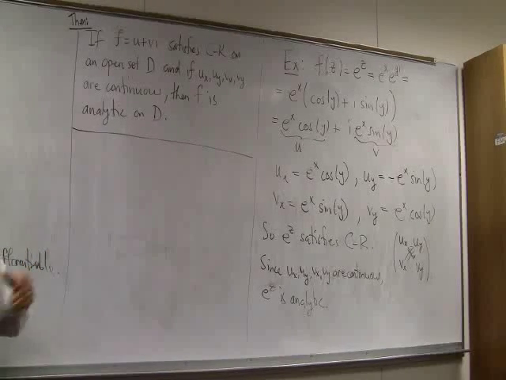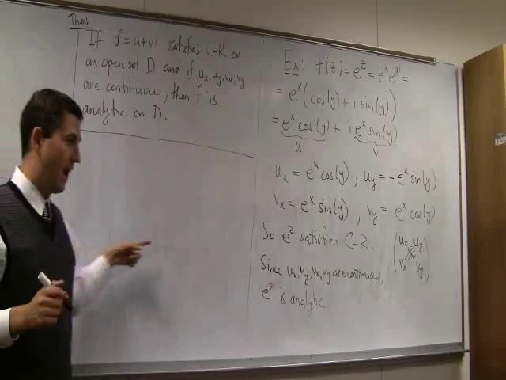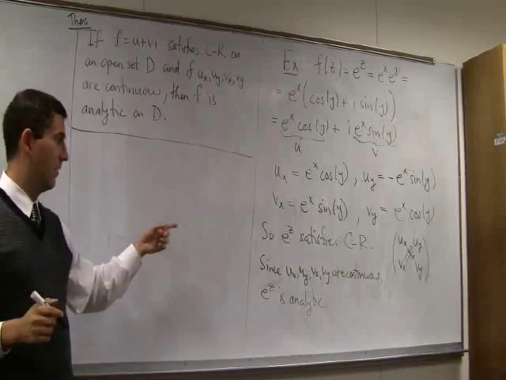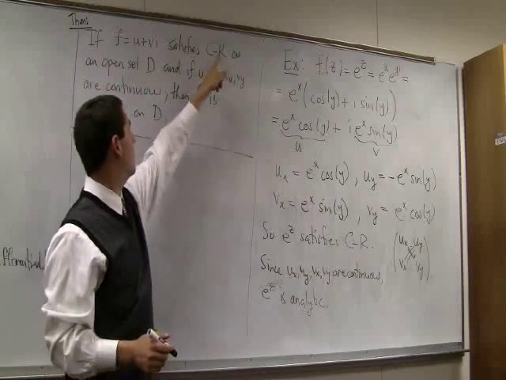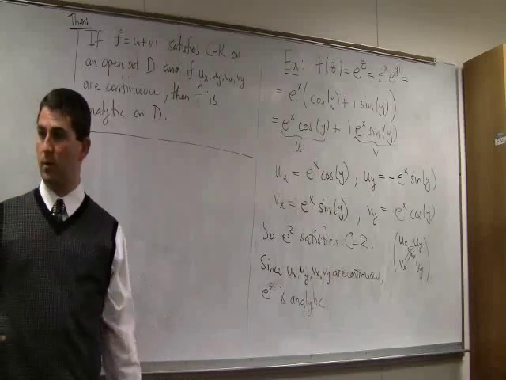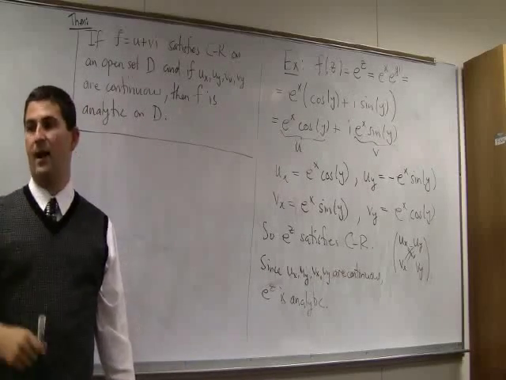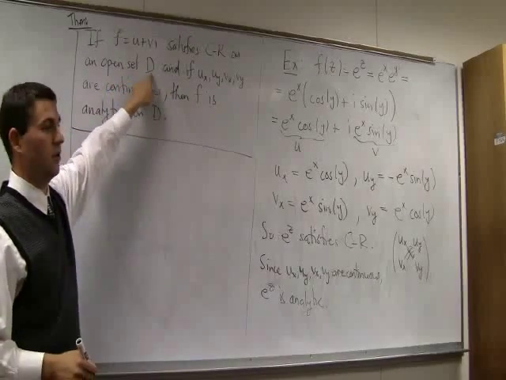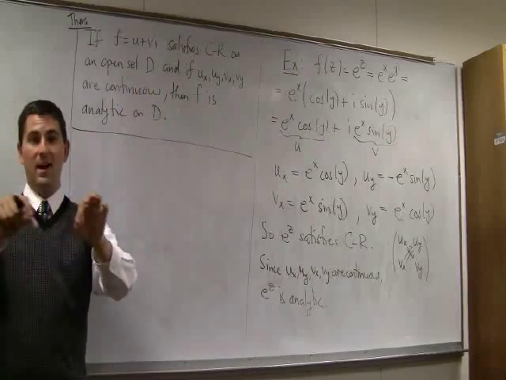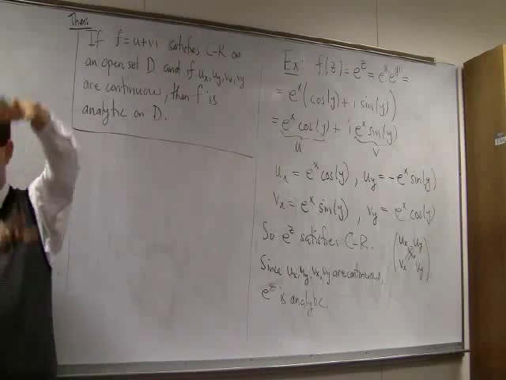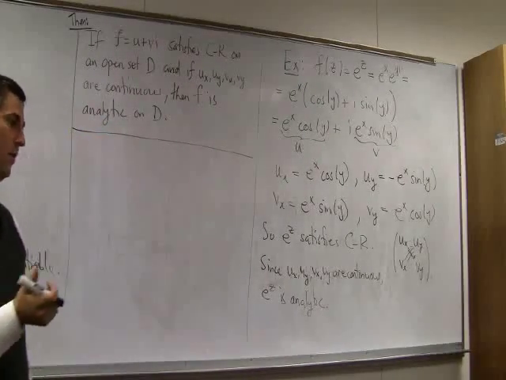And at least on that line, y equals 1/2, they satisfied the Cauchy Riemann equations. But I said no, it's not differentiable. Exactly right. They didn't satisfy the Cauchy Riemann equations on an open set. This line y equals 1/2 doesn't give you enough room to maneuver to make an open set.